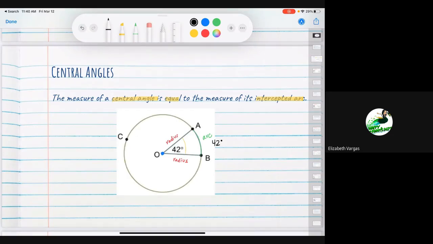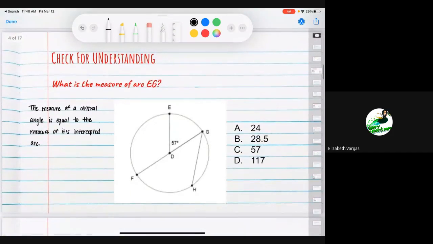Okay? And we did see this. So just to solidify this, I'm going to post a poll. And you can just put what you think the answer is. So I'll launch it. What is the measure of arc EG? So what is the measure of this arc right here, given what we just looked at? Just go ahead and answer the poll question, or you can put your answer in the chat box.